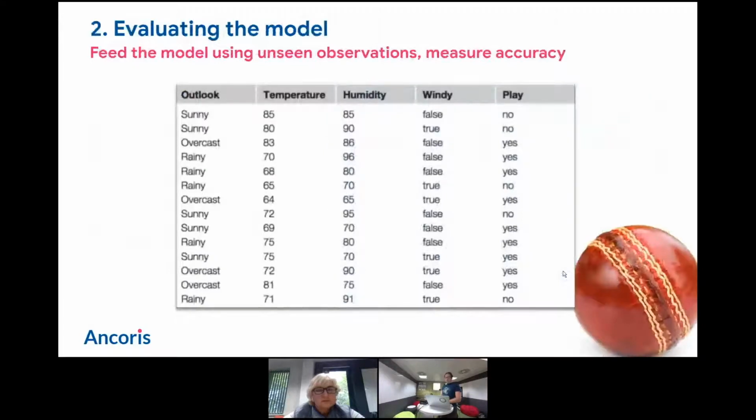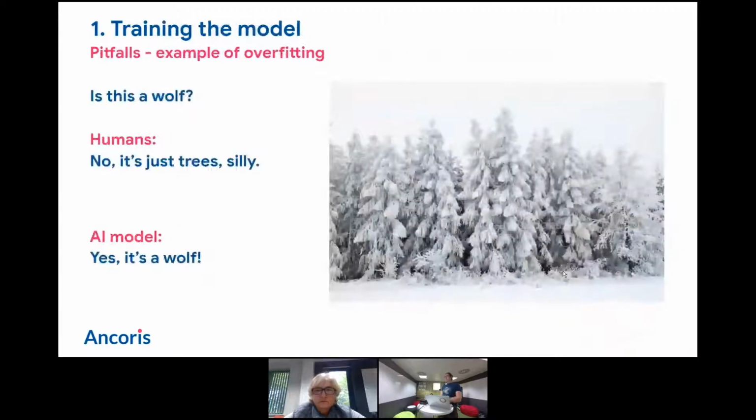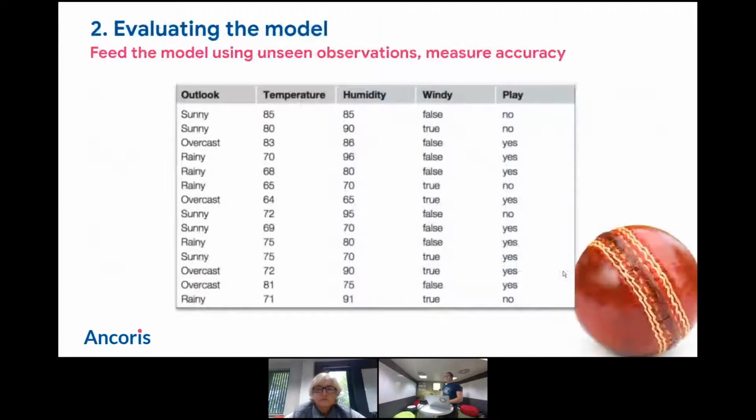Okay. So the basic premise is once you've trained your model, you are then going to move on to evaluating it. What this basically means is feed the model unseen observations to measure its accuracy. So in that prior example, this would be an example. We'd throw some of these in to try and fox the model and see how it performs.